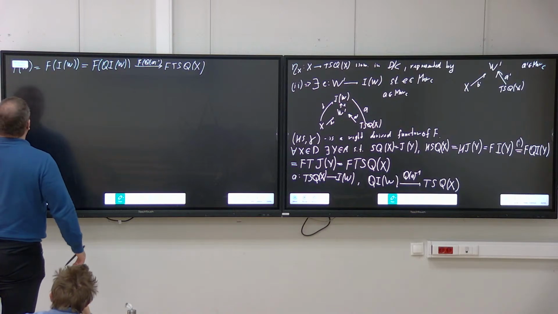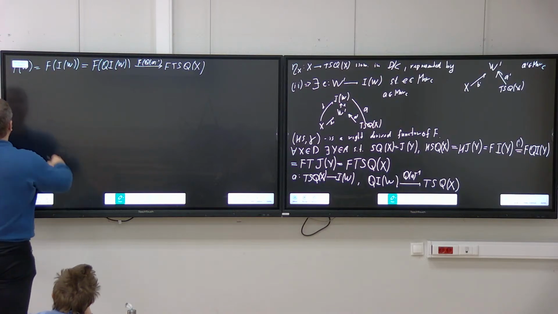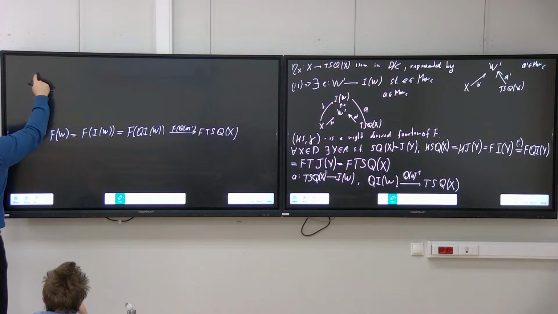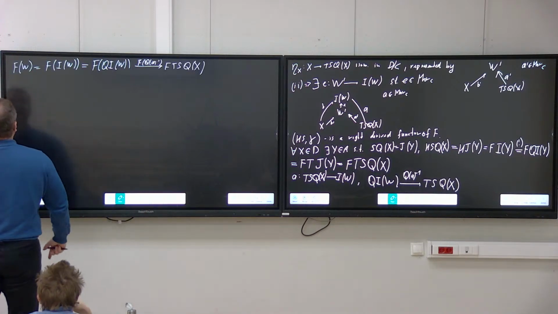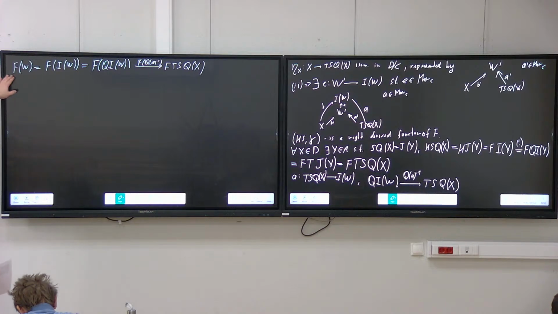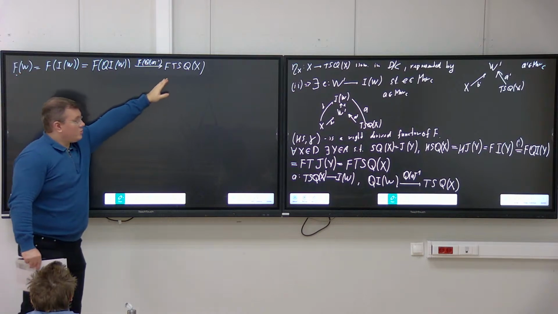Okay, what's the first one? It's just F of the object W. And then there is a bunch of functors just to make sense that this composition actually exists and makes sense as a composition from this object to this object.